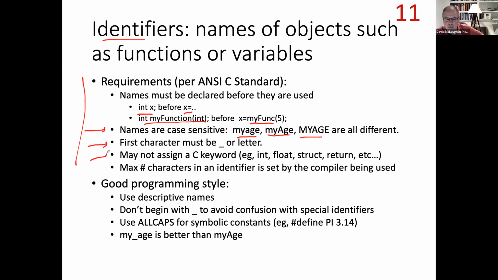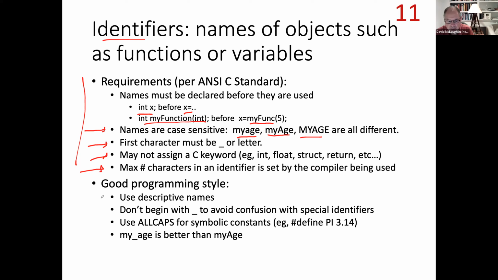You cannot use one of the C keywords as the name of a variable or function. The maximum number of characters that you can have in one of these identifiers is set by the compiler being used. One of these C quirks we're going to find out a lot today is that different compilers will tolerate different lengths of variable names, and different compilers will quite often do things differently. So you have to know the particulars about the compiler you're working with.